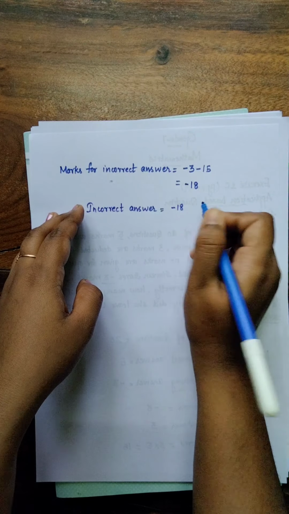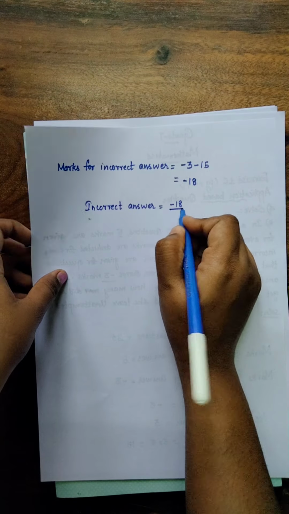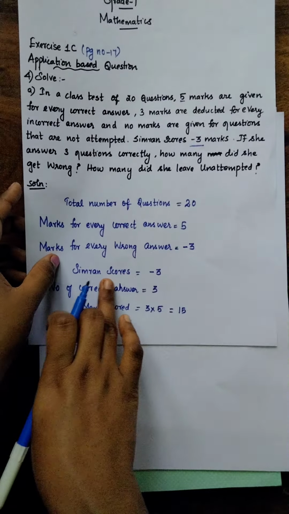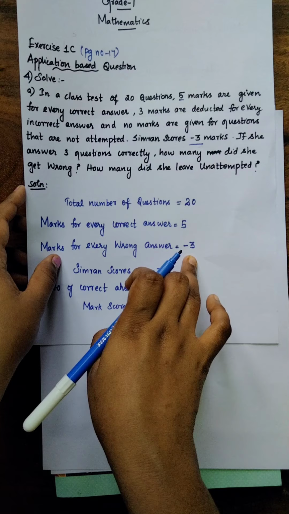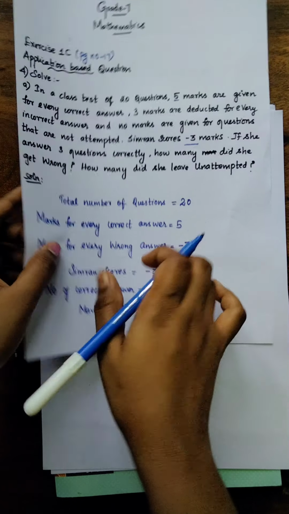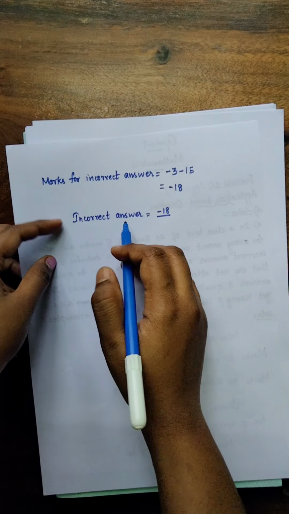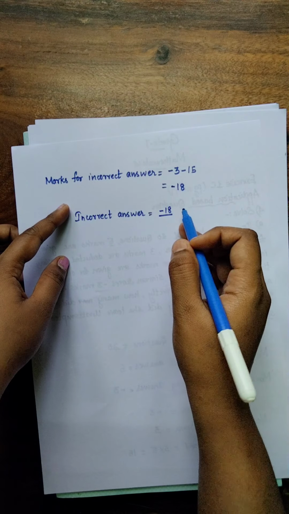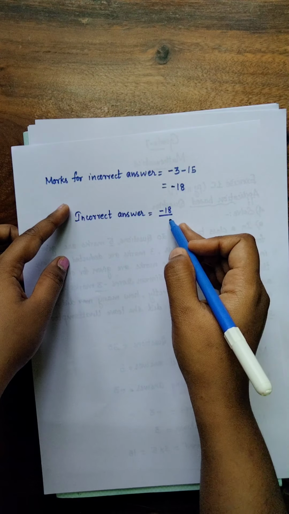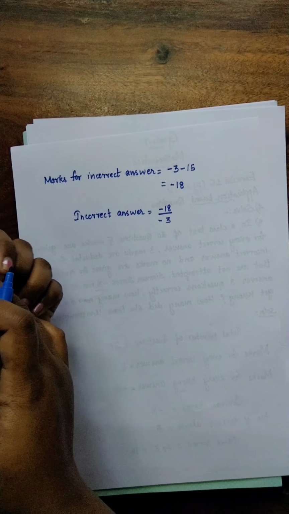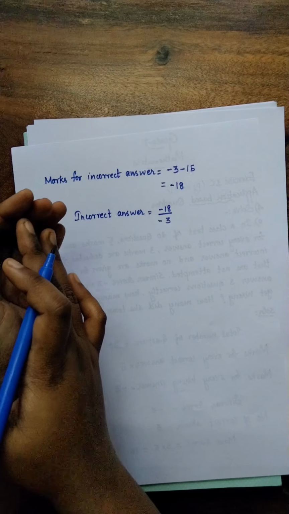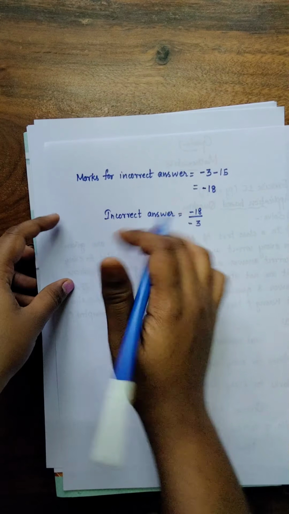Next, how many marks are they reducing for every wrong answer? They are reducing 3 marks, minus 3. So, the number of incorrect answers is equal to marks for incorrect answers divided by marks reduced for every incorrect answer. Understand?